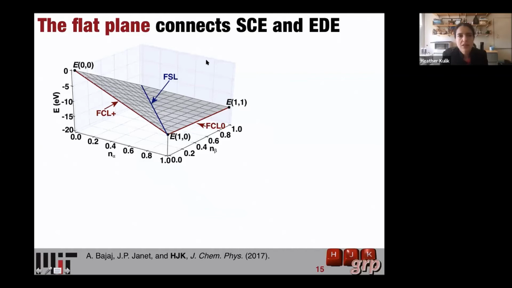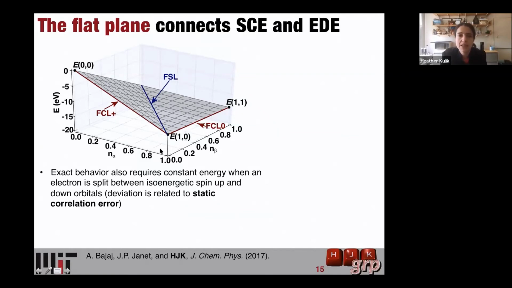The key things to note here, if this looks unfamiliar, is that the edge in the front is the same piecewise linearity condition that motivated us to use DFT+U, but the flat plane is the union of a second constraint, which says that when we take an isoenergetic orbital and we flip the spin from up to down, or even split half spin up and down, those should all be the same energy.